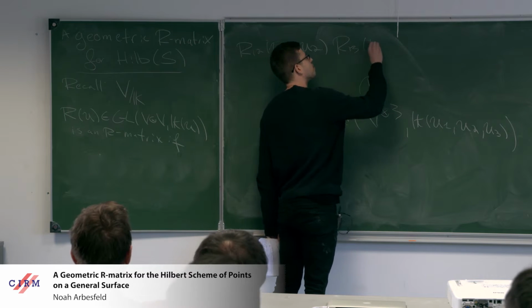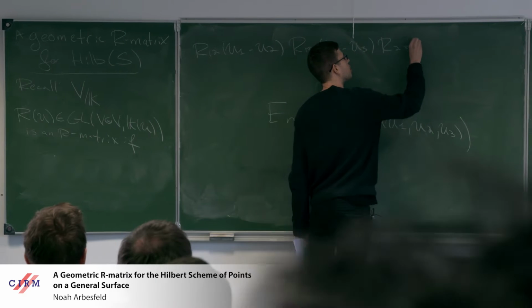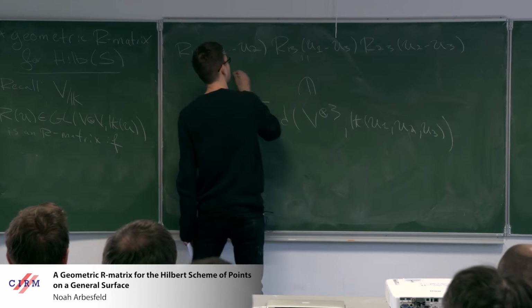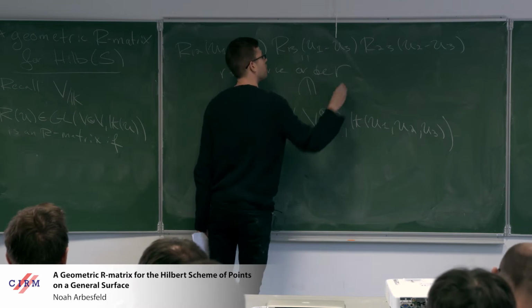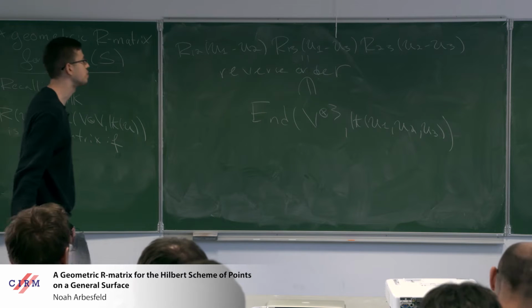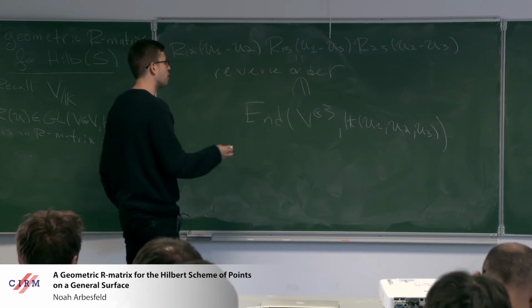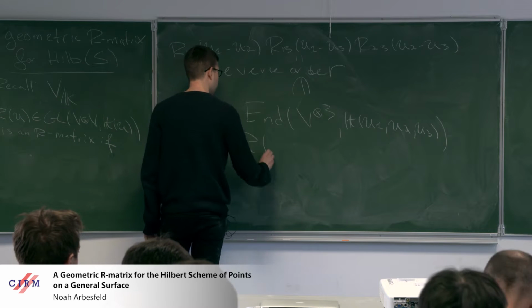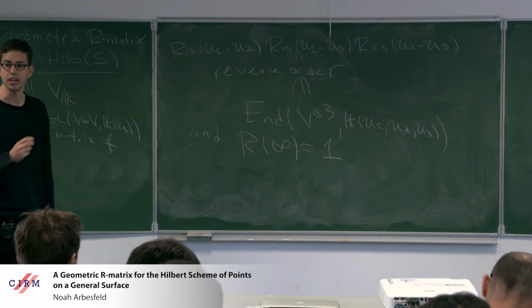I can act in all pairs of two factors in a certain order, or I can reverse the order of these operations. So this is just what Eva called R-matrix 3. Okay, and I'll want to also impose the condition that these operators are normalized so that at infinity they evaluate to 1.